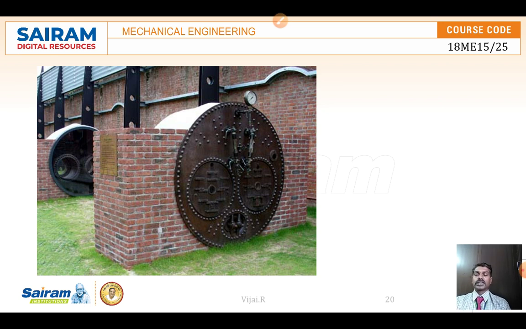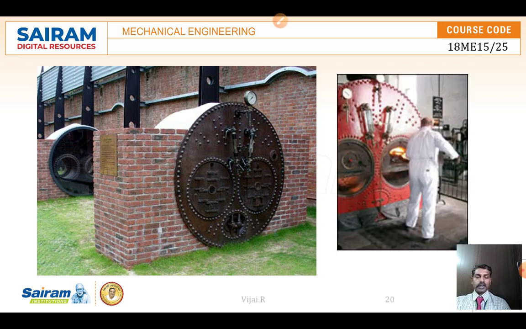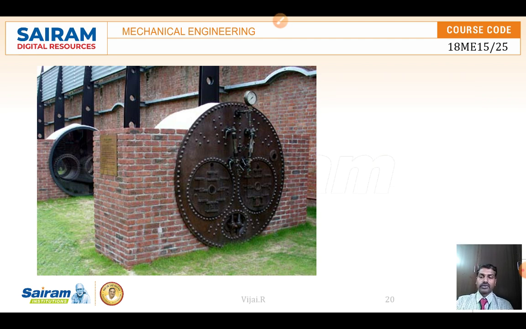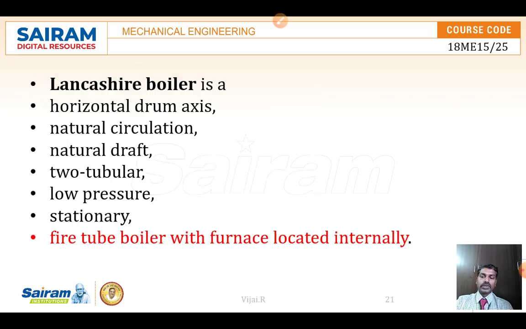This is the construction. At one end there are two holes through which we can put coal, and the fuel grate is where we burn the fuel. Through this, the hot flue gases pass through the tubes, and the water circulating around the tubes produces the steam.